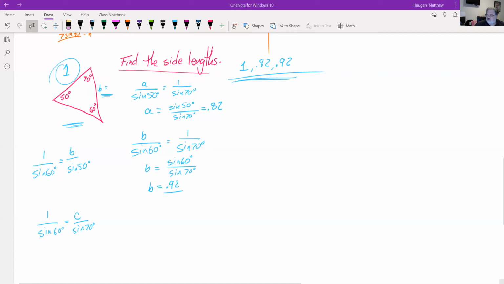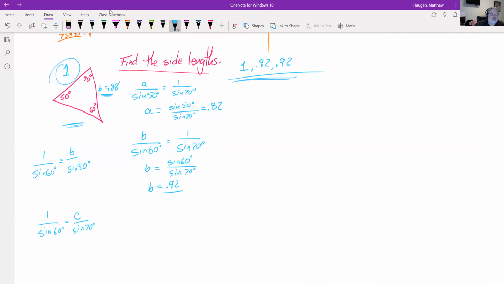You guys are finding these too, right? Let me redo that. Sine of 50 degrees divided by sine 60 degrees. Yeah, that's better, 0.88.